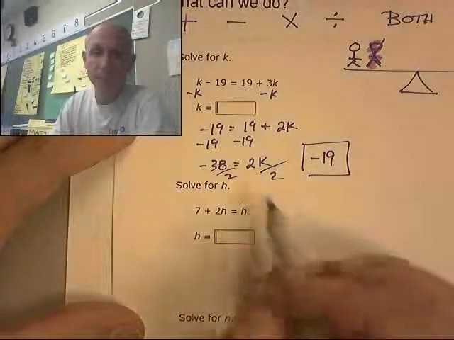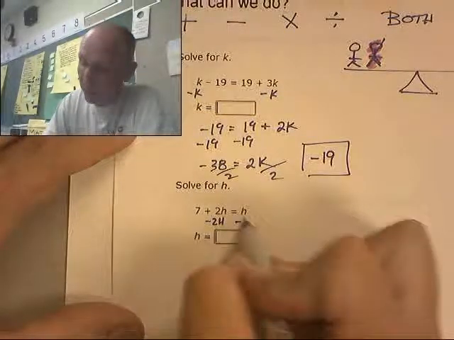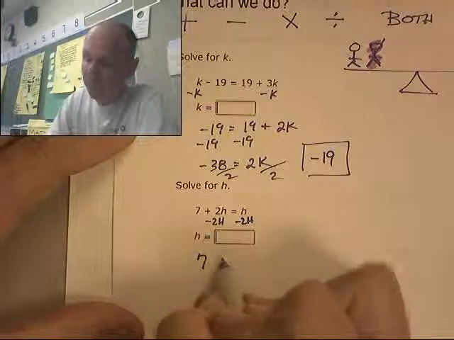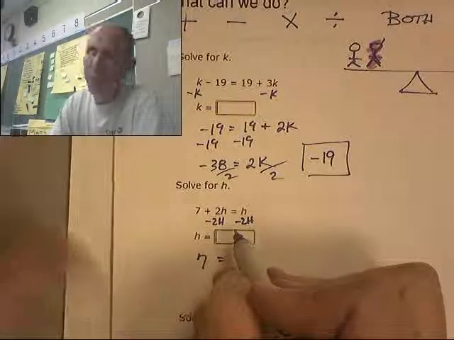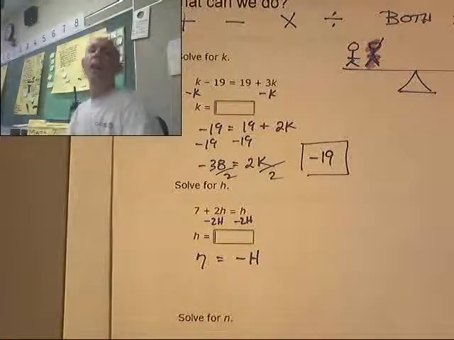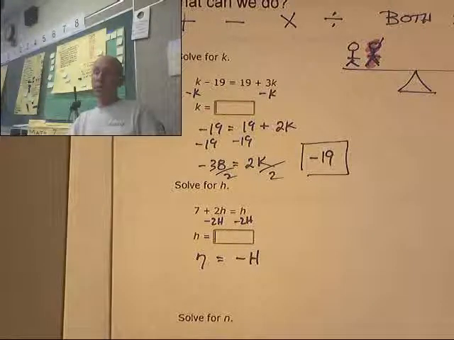Let's take a look at this one. I can move either way. I'm going to subtract 2h from this side, minus 2h, minus 2h. It's going to give me 7 equals, well, 1 hotel minus 2 hotels is negative hotel. Now I remember why I chose this problem, because right here, students are going to get confused.